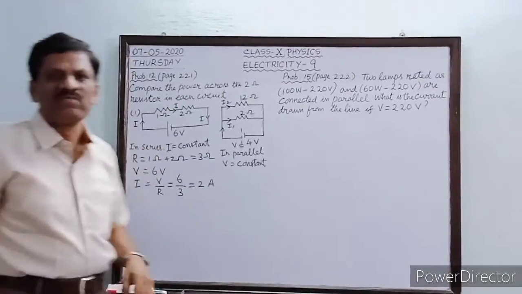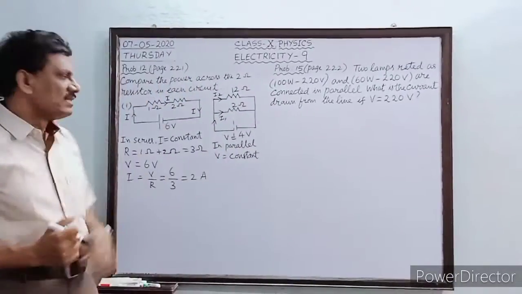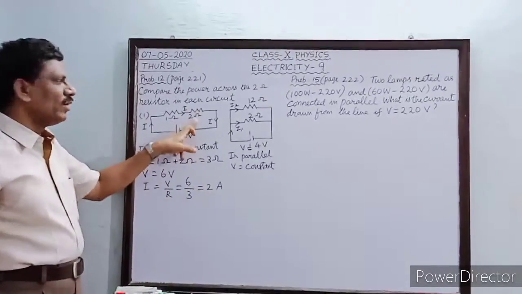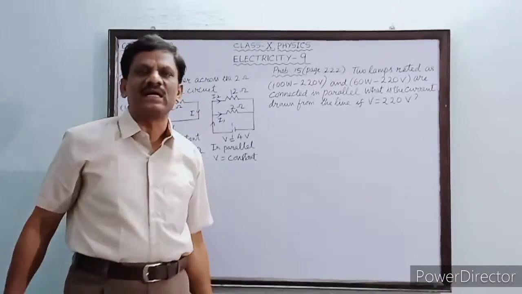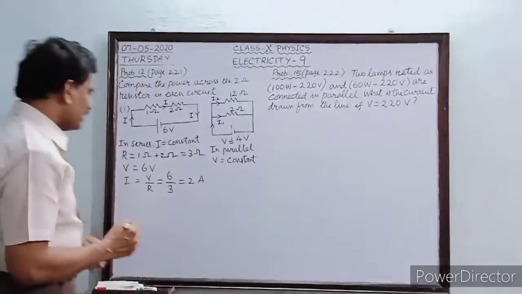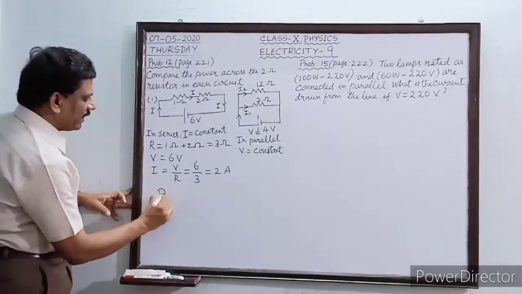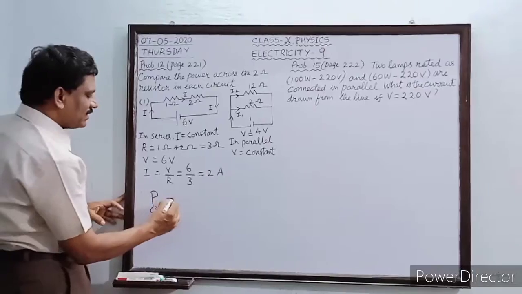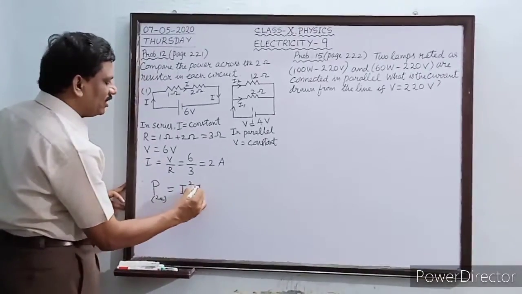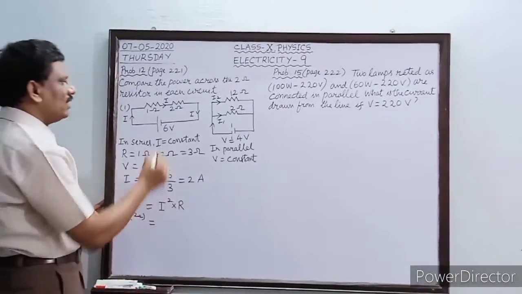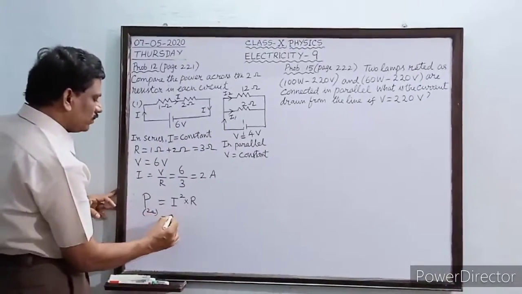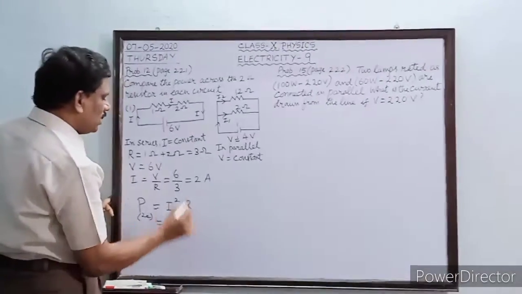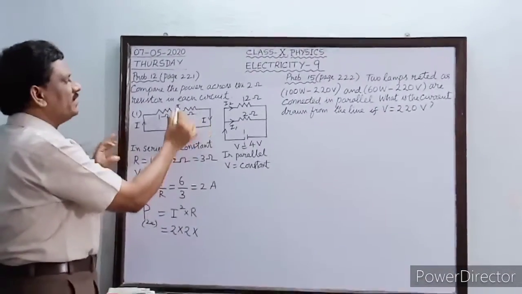So what current is flowing through both the resistors? The same current, 2 ampere, is flowing through both the resistances. Now we have to find how much power is dissipated across only the 2 ohm resistance. Therefore the power dissipated across the 2 ohm resistance is equal to I square into R. I is equal to 2, therefore I square is 2 into 2, into the resistance across which we have to find the power.